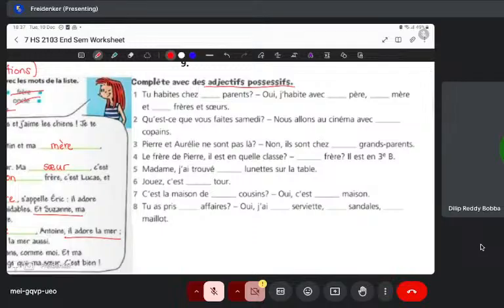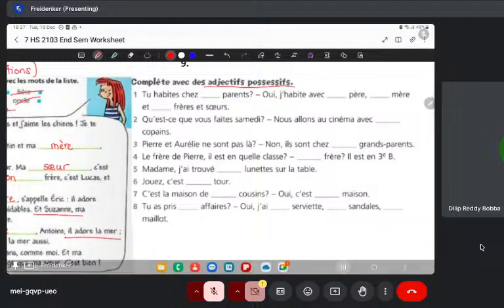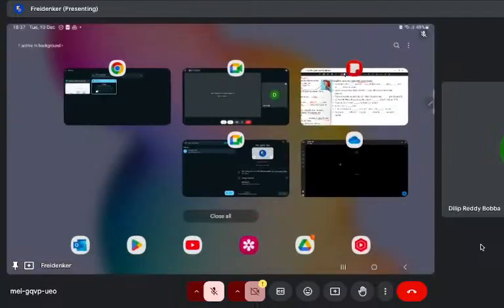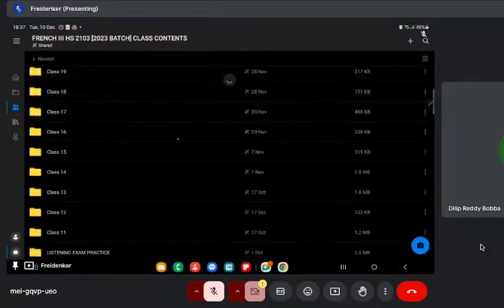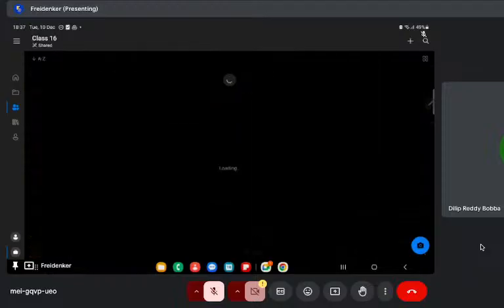Now, adjective possessive. Now we'll use the table exclusively. Now I'll open the table. Okay, I hope. Okay, this is loading. Nice. Let me open. Where is the table? No, it is not opening. That is sad. Let me close it. Open.